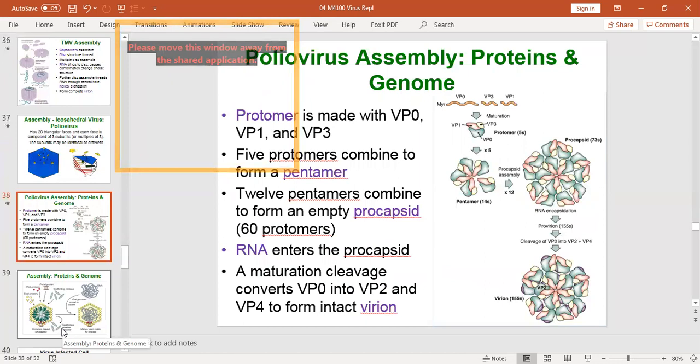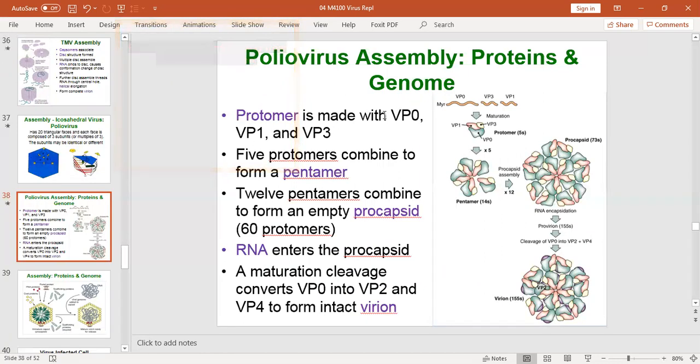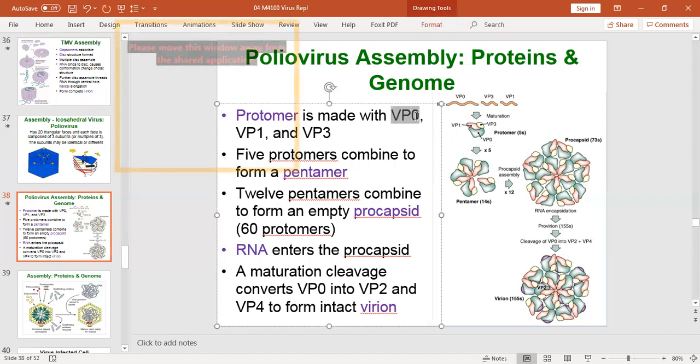So poliovirus assembly of the proteins and genome: initially protomer is being made, which is composed of VP0, VP1, and VP3.